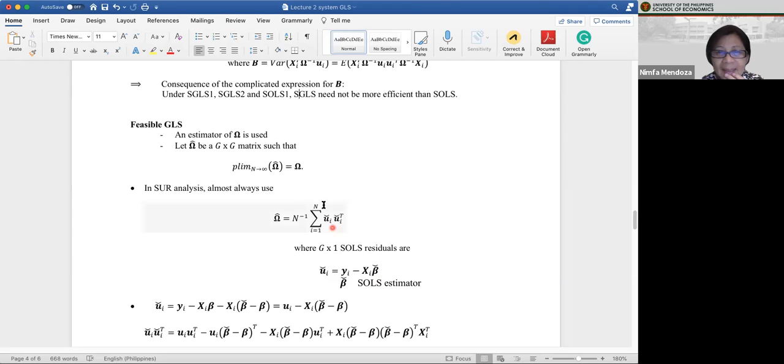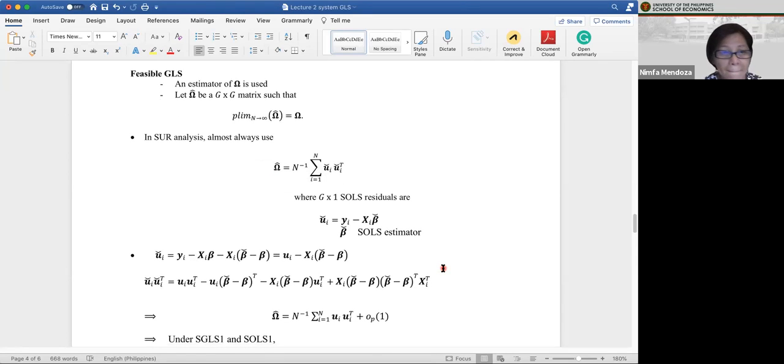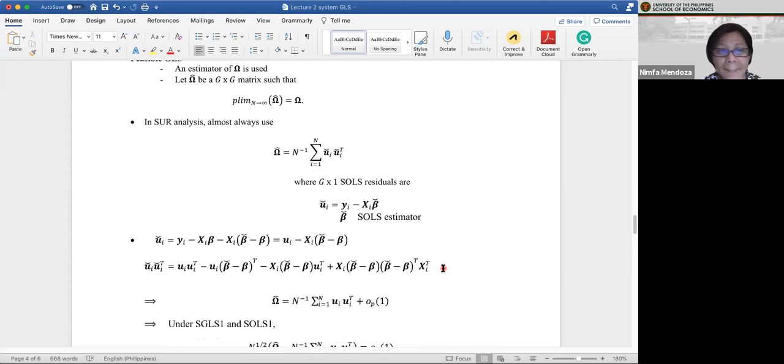And then have our usual estimator for omega, but now using the OLS residuals. That would give you an estimate of omega hat. U sub I check is Y sub I minus X sub I beta check.